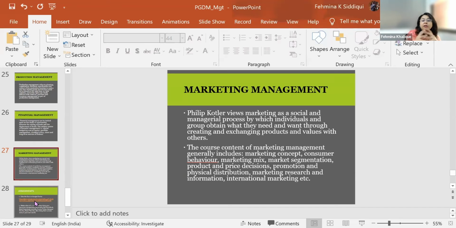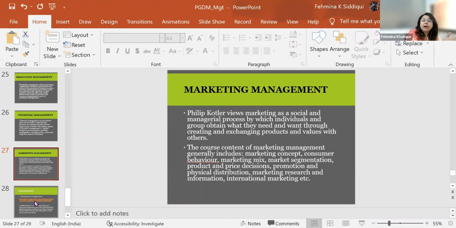Here you will be dealing with the marketing concept and consumer behavior, how consumers behave and why consumers prefer certain products and not other products, and what things influence them to buy products, what the marketing mix is, and what market segmentation is, how you can divide the market as per the needs of the customers.